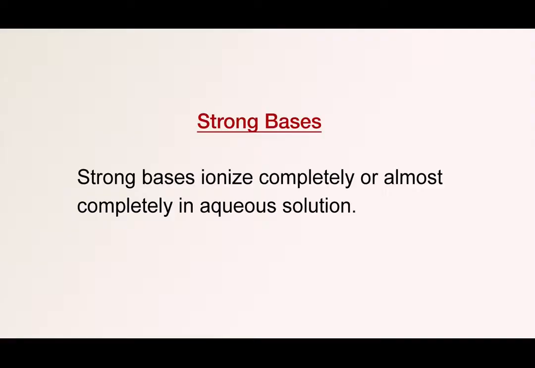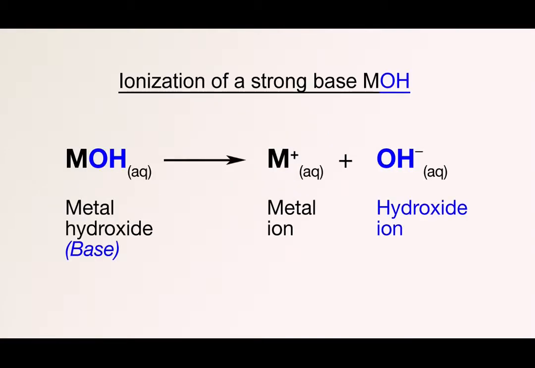Let's now move on to strong bases. Similarly, strong bases ionize completely or almost completely in aqueous solution. The general equation illustrating the ionization of a strong base, MOH, is shown on your screen.